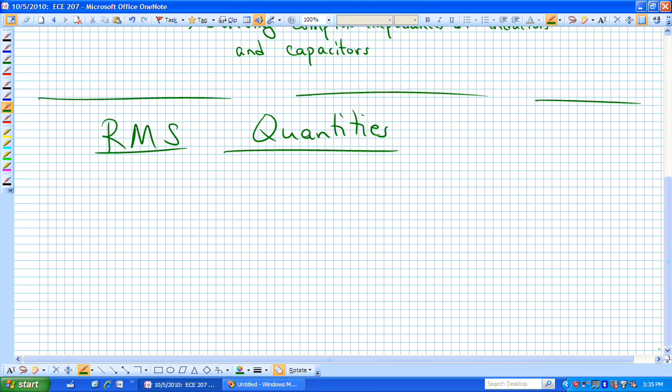When we finished that, we talked about RMS quantities relative to resistor voltages. The currents are similar.